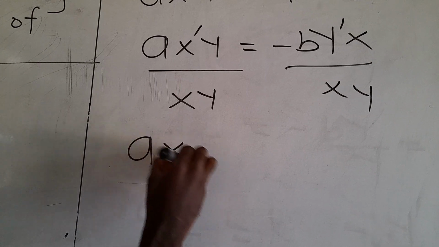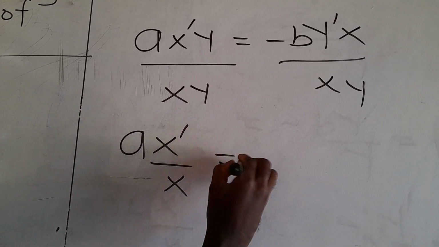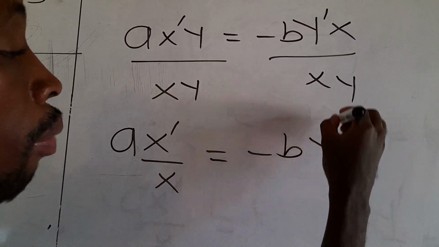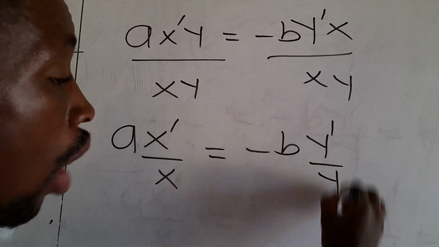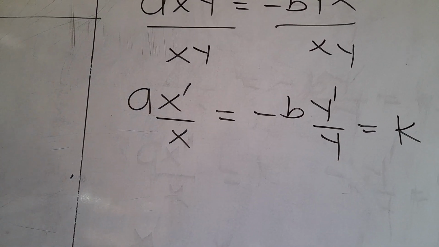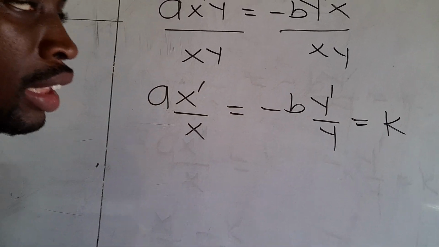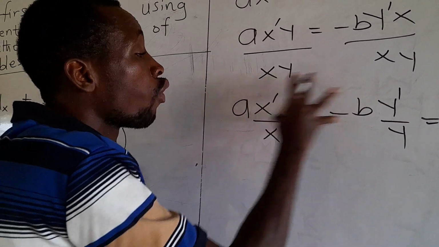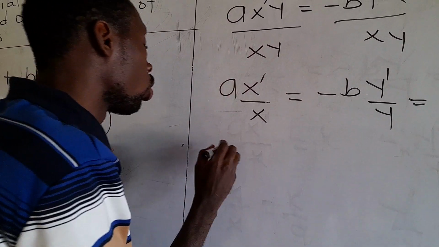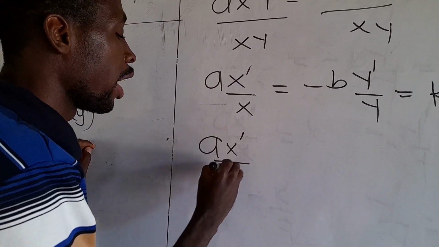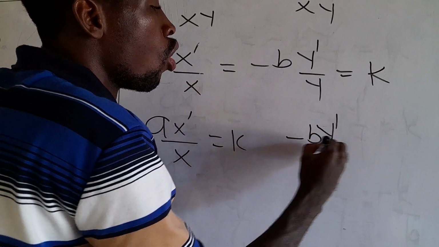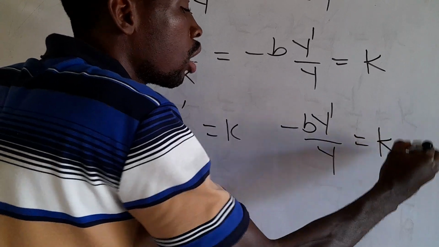We have a X prime over X equal to negative b, the X will also divide, so negative b Y prime over Y. And you equate it to a constant, say k, or any other thing. People use lambda, it's the same thing. Now you equate each of these to the constant. So we have a X prime over X equal to k, then negative b Y prime over Y equal to k.